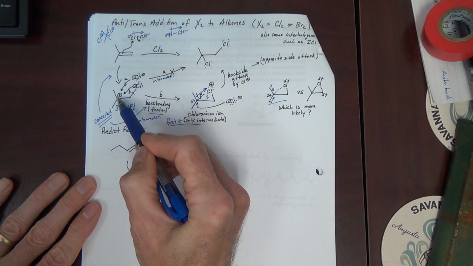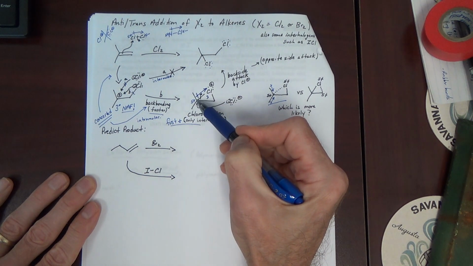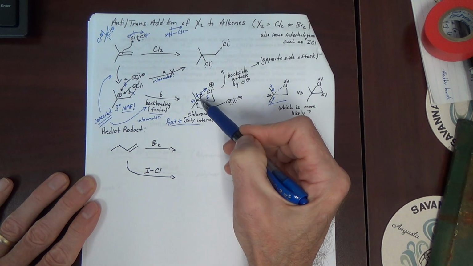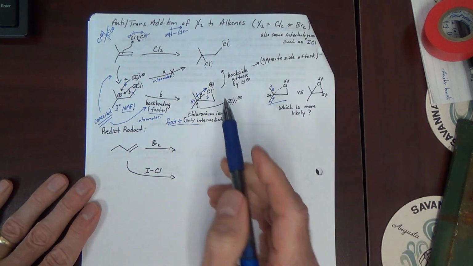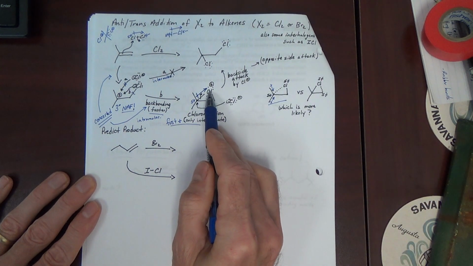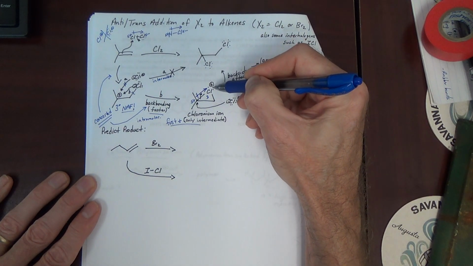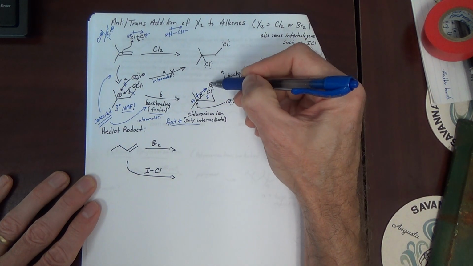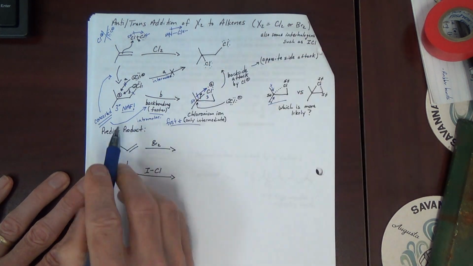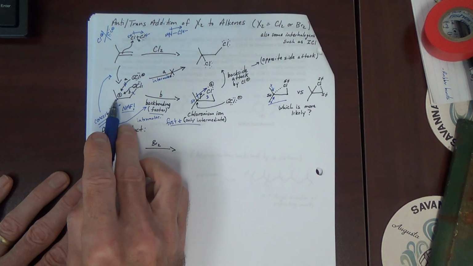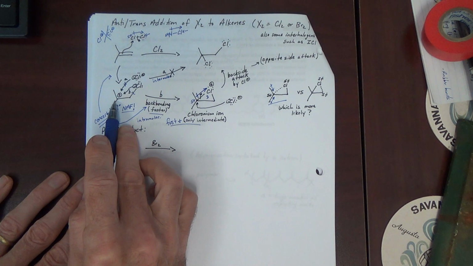We made a bond in doing this, and making a bond is a good thing. And even though the chlorine has a positive charge, it does have an octet, 2, 4, 6, 8, whereas over here a carbocation does not have an octet.